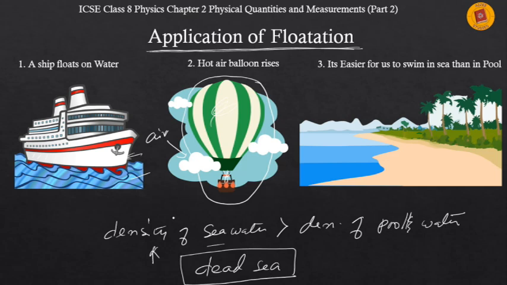And let us discuss why the density is more: because of the suspended solid which is salt, because seawater is salty. Whenever there is solid in it, the density increases. But in pool water there is no such salt or mixed substances in it which can increase the density. So that is the reason for flotation. So that's all in this video.